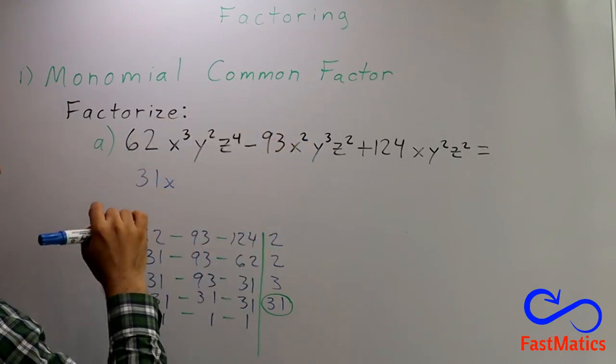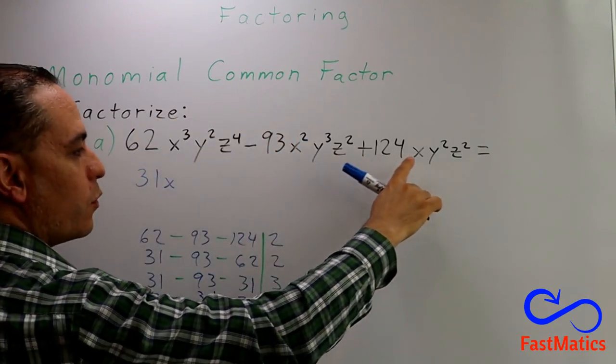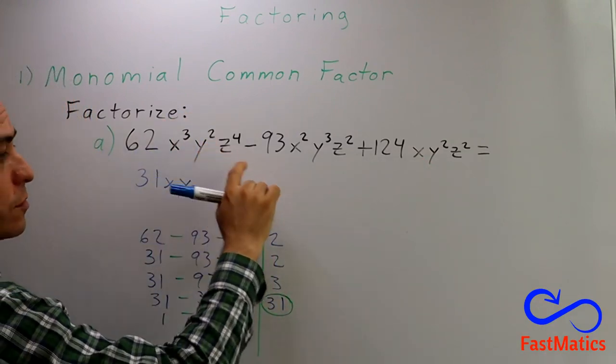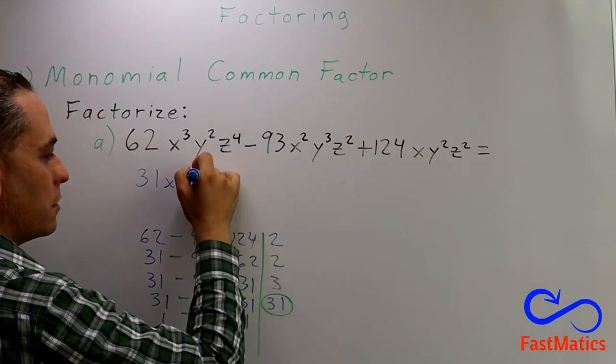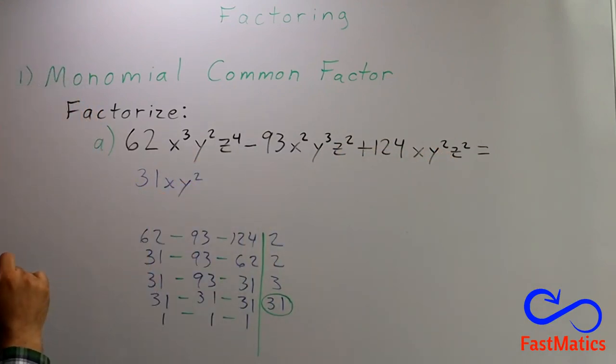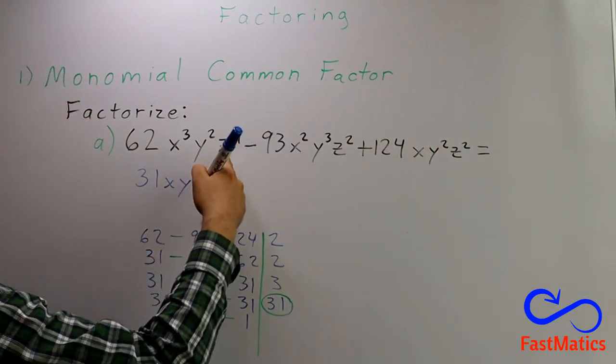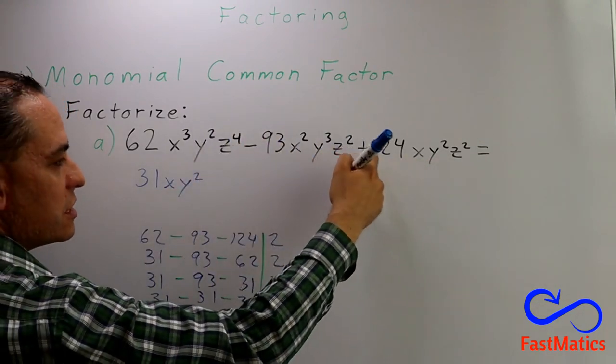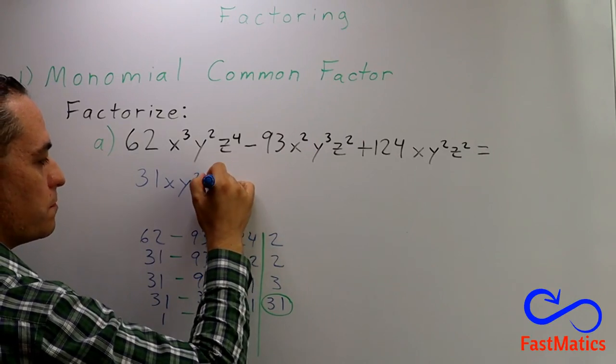After that, I see that Y is repeating. So I choose the lowest exponent. 2, 3, 2. I put 2. Finally, Z. Okay, so the lowest exponent is 2.